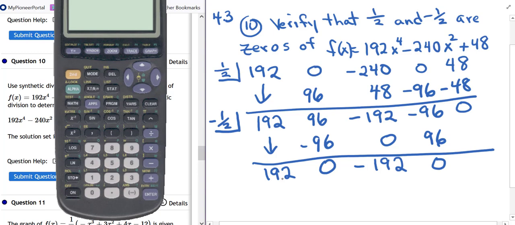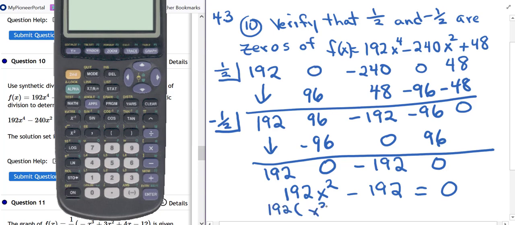Now our quadratic that's left is 192 x squared, no term here, so 0 times x, minus 192. So we want to solve that. And this one solves nice by factoring. You can take out that GCF of 192.